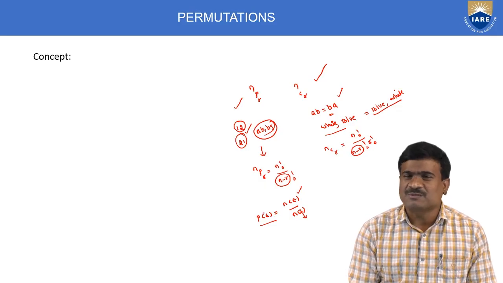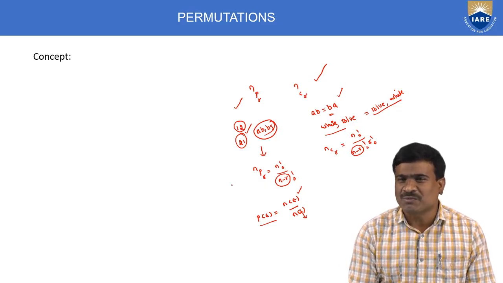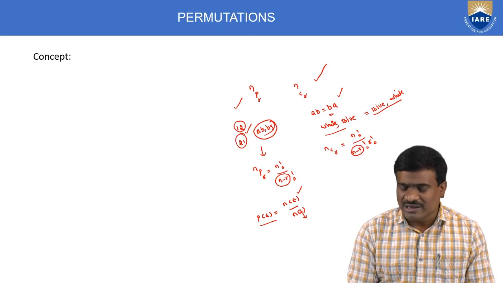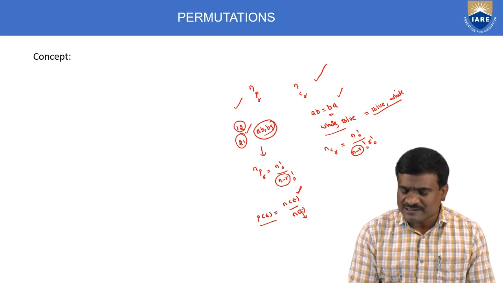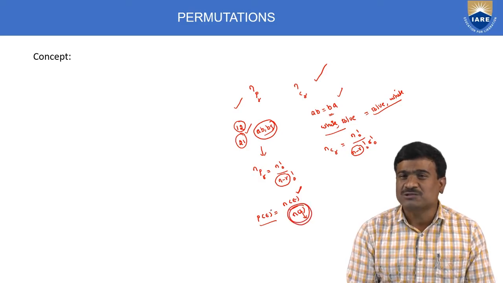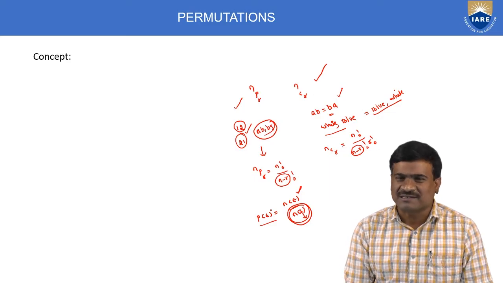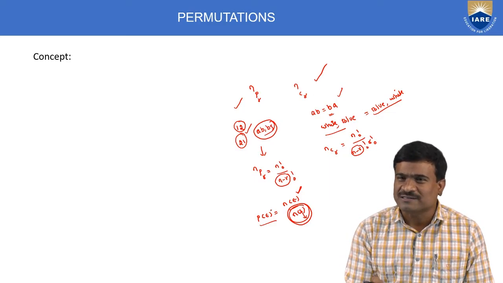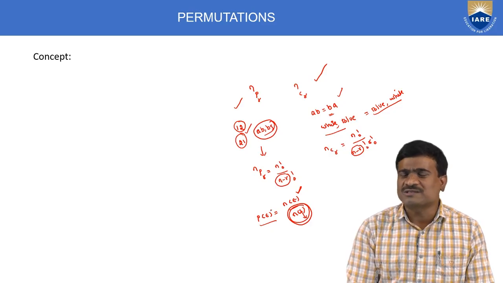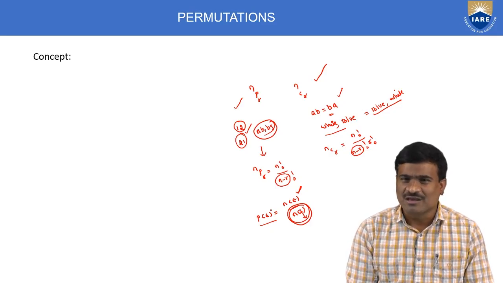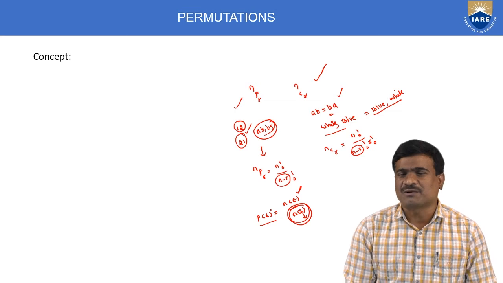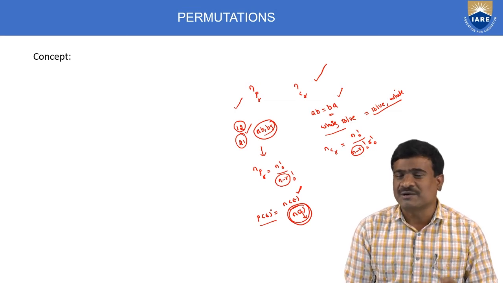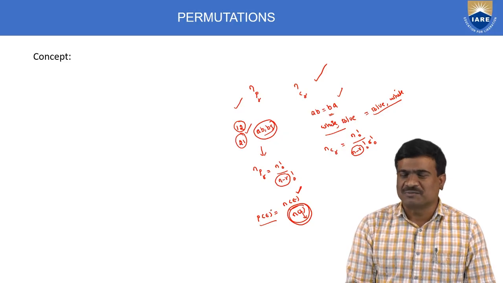If the problem belongs to permutation, then probability is equal to N(E) by N(S). Here N(S) is the total number of arrangements. S denotes sample space, all possible outcomes. If the problem belongs to permutation, meaning arrangement, N(S) is the total number of arrangements.